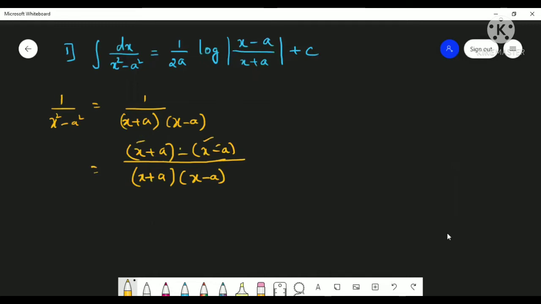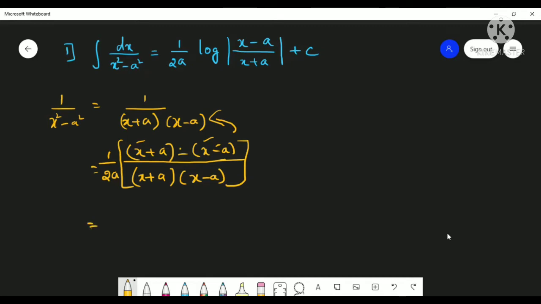Minus into minus becomes plus, a plus a is 2a, so in the numerator 2a will be there. To cancel that, 1 by 2a divided by 1 by 2a. After simplification, you are left with the same as above. That is what I will arrange.